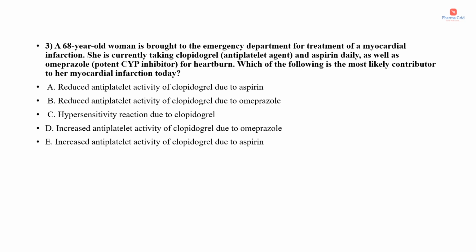The options are reduced antiplatelet activity of clopidogrel due to aspirin, then reduced antiplatelet activity of clopidogrel due to omeprazole, hypersensitivity reaction due to clopidogrel, increased antiplatelet activity of clopidogrel due to omeprazole, increased antiplatelet activity of clopidogrel due to aspirin. So here the correct answer is option B, that is reduced antiplatelet activity of clopidogrel due to omeprazole.